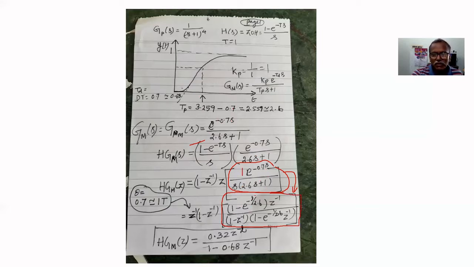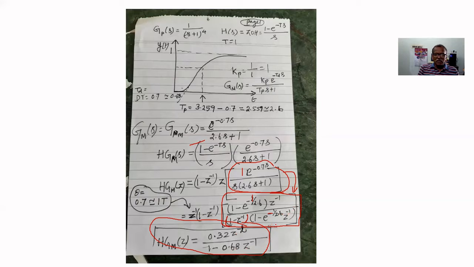By using that expression, we get (1 minus z power minus 1) multiplied by (1 minus e power minus 1 by 2.6) upon ... z power minus 1, because a equals 1 by 2.6. If you simplify this, you get HGP of z as 0.32 z power minus 2 upon (1 minus 0.68 z power minus 1). Now we have HGP of z.